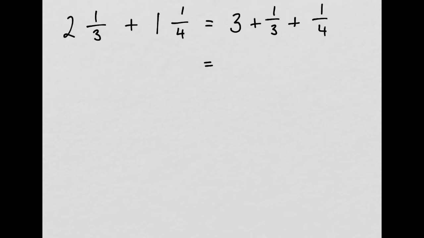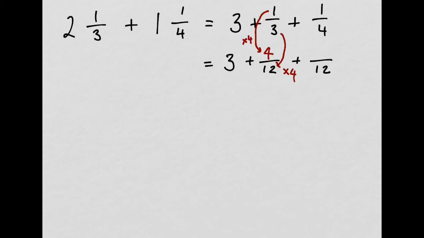So I've got my 3 whole ones, and I need to know what 1/3 is in twelfths and what 1/4 is in twelfths. So I need to think, right, well, 3 times 4 is 12, so I've got to do 1 times 4 as well, which is 4.